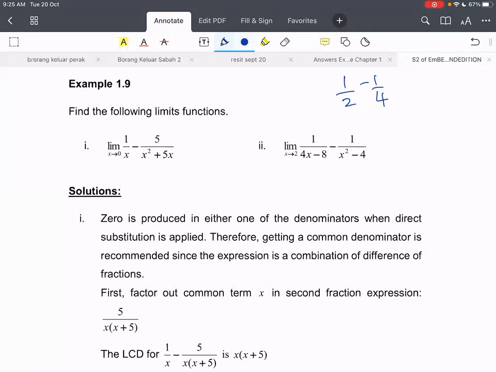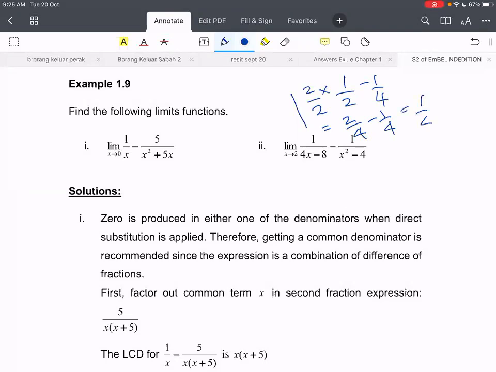Okay, so to get the common denominator, since we have 1/4, and in 2 we have 4, so you just times up with 2/2, am I right? So that you will get 2/4 minus 1/4. Am I right?